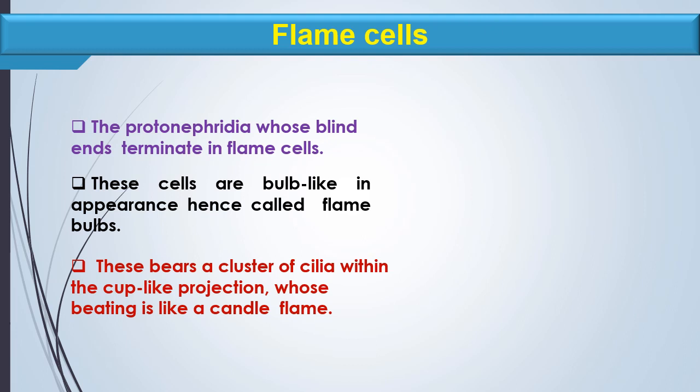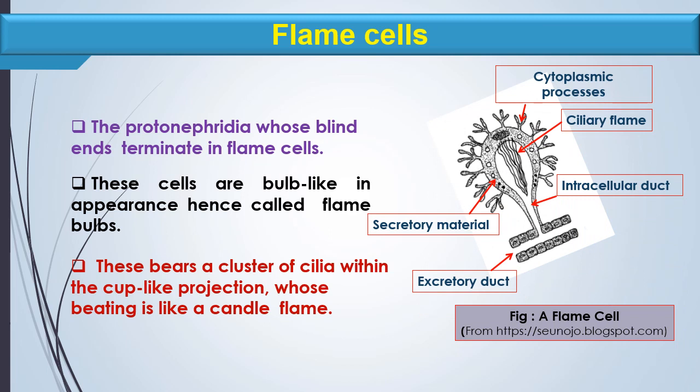A flame cell is a specialized cell. It consists of cytoplasmic processes, ciliary flame, and an intracellular duct with certain secretory materials. The intracellular duct joins with the excretory duct.